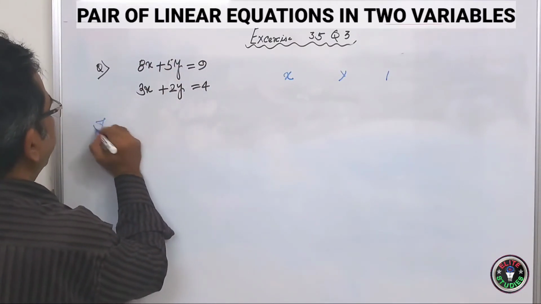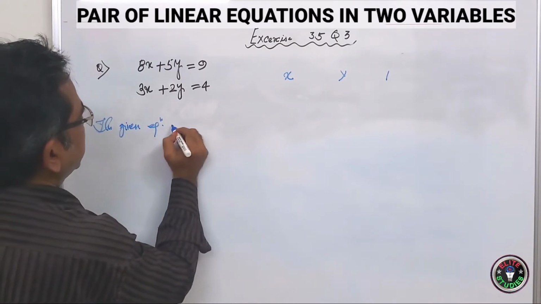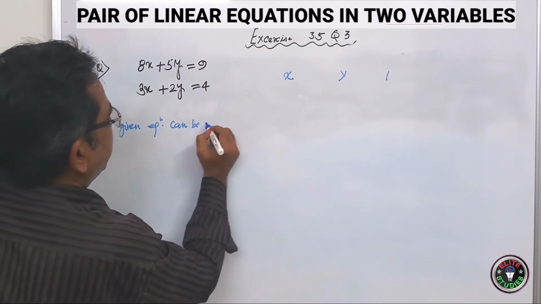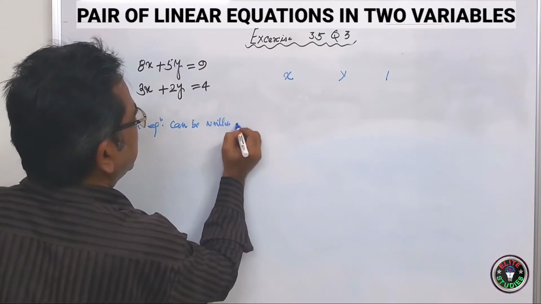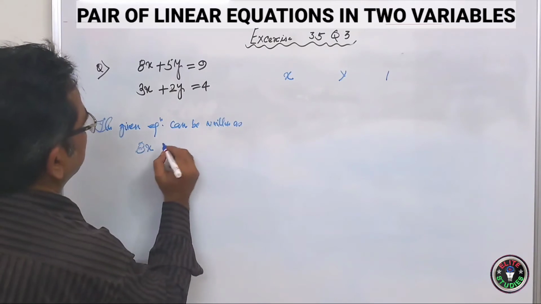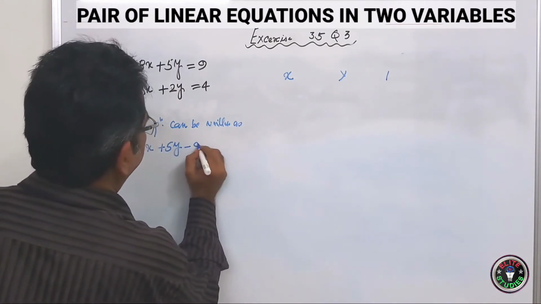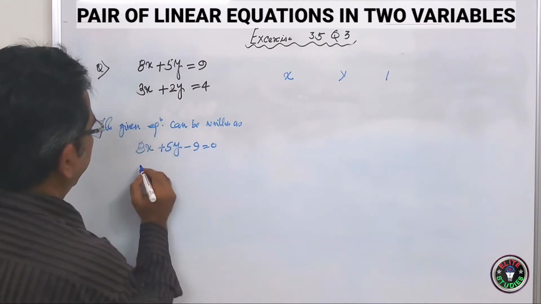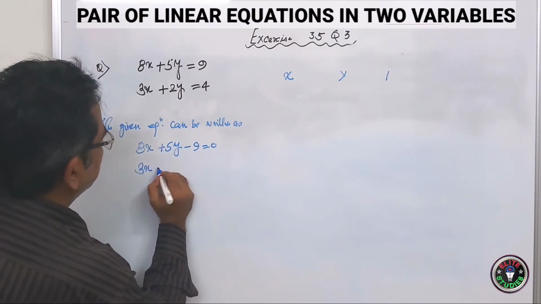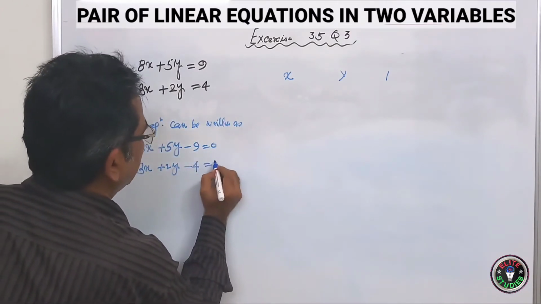The given equations can be written as 8x plus 5y minus 9 is equal to 0. And here 3x plus 2y minus 4 is equal to 0.